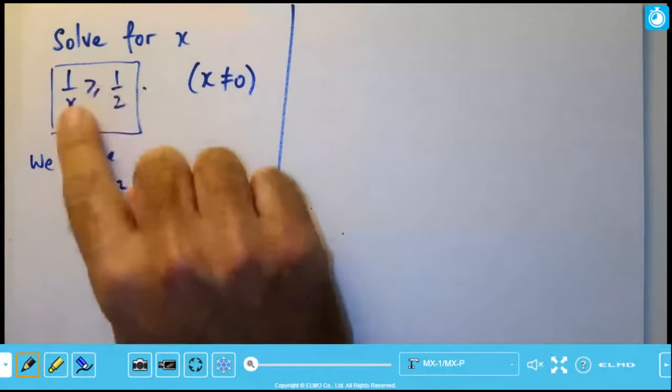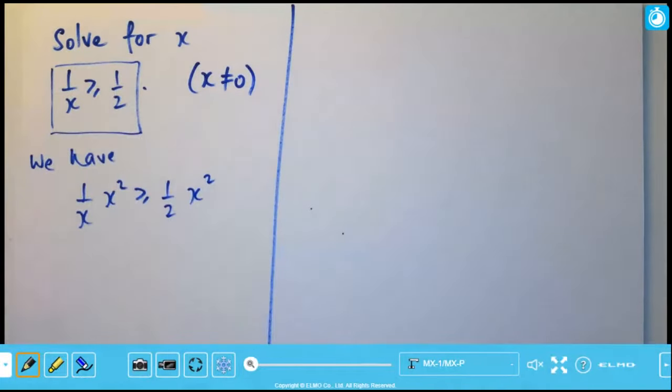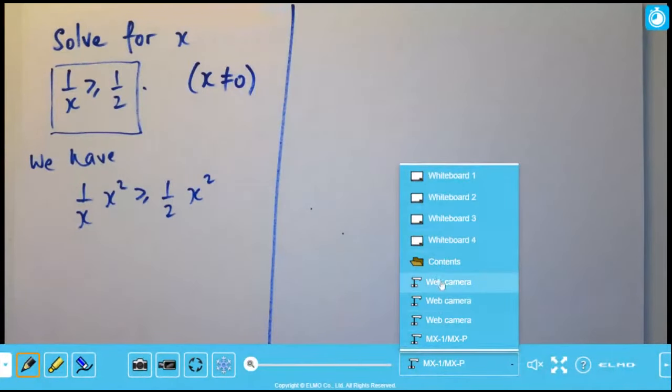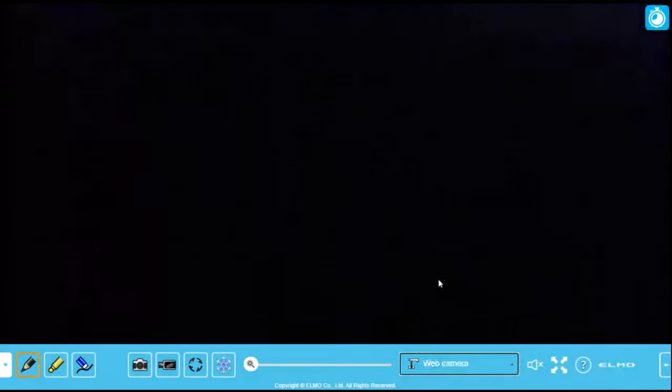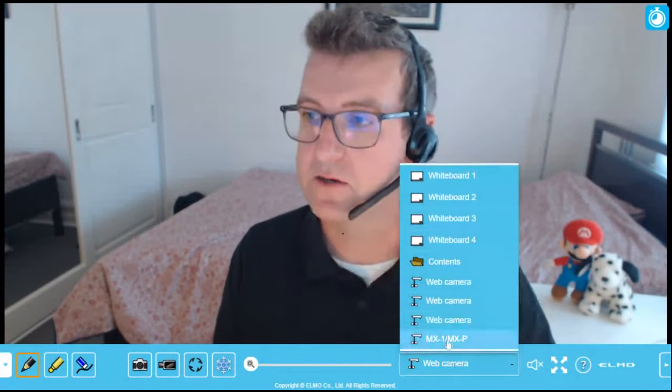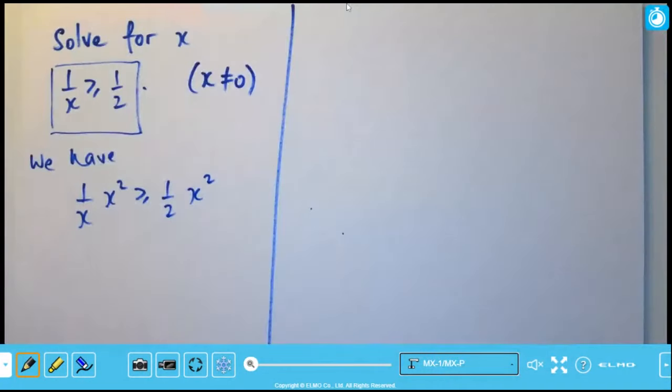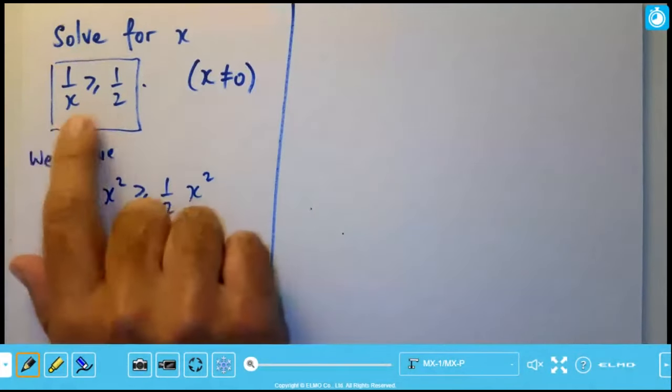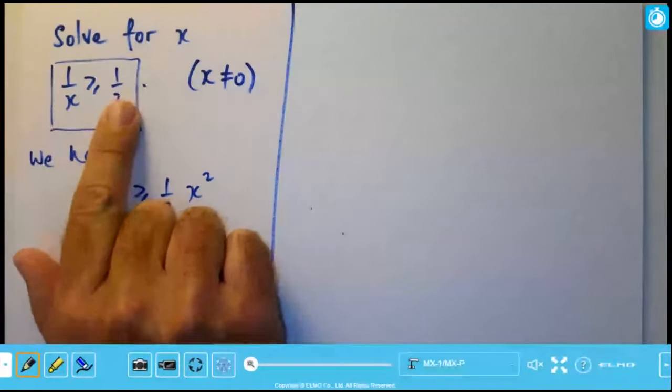Ooh, Arnav, Pradeep, why not just x? Why can't I just multiply both sides by x? That is a great question. Why can't we multiply this just by x? Bring the x up there or something.